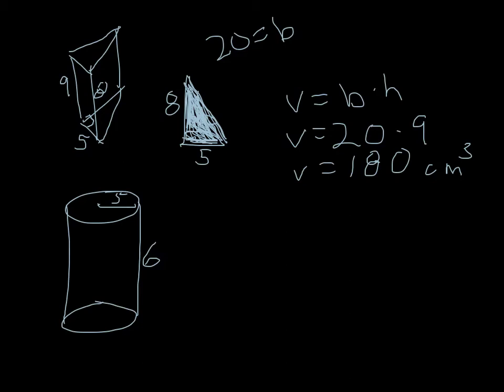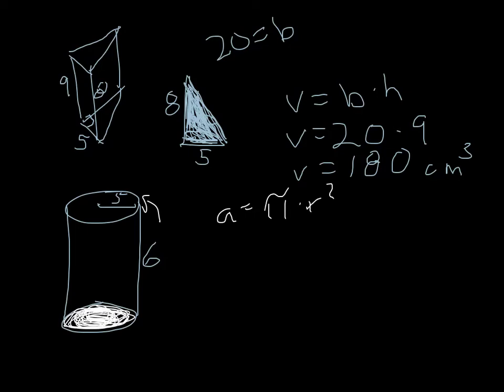Okay, now let's see. We have a cylinder here, and this time the radius is written at the top. That's fine. The radius is 5. So again, we need to find the surface area of this whole base, this whole circle. In order to do that, we need to find the area of the circle, which is area equals pi times the radius squared.